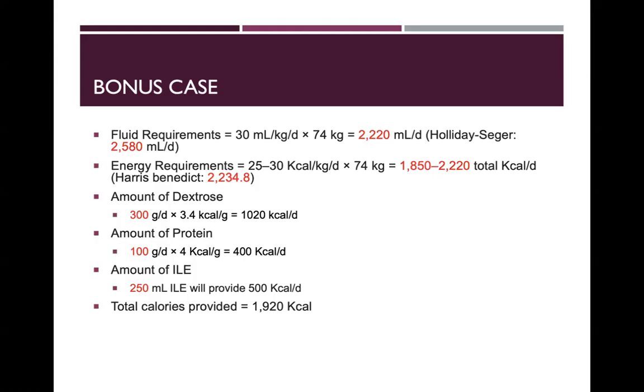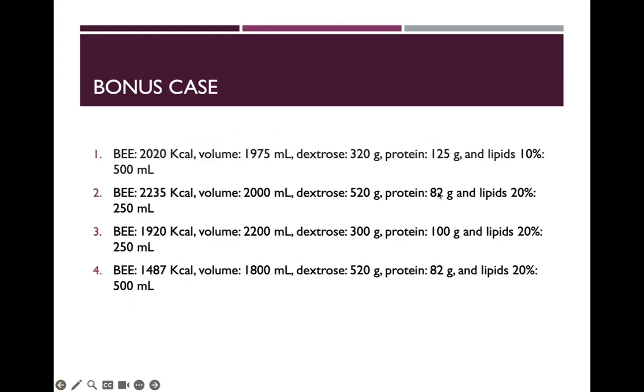I can't do that math off the top of my head. But if you go through it this way, 520 multiplied by 3.4, then the amount of protein, which was 80 something, multiplied by 4 as well, then the amount of injectable lipid emulsion, and add them all together, that number for option B is not going to give you the same exact number as the BEE. Is that confusing?